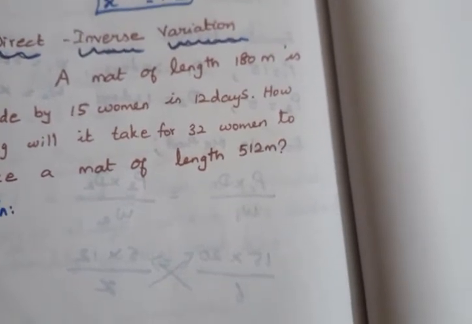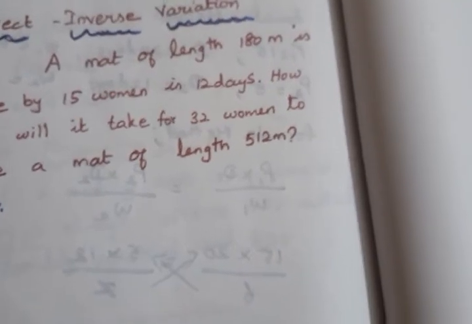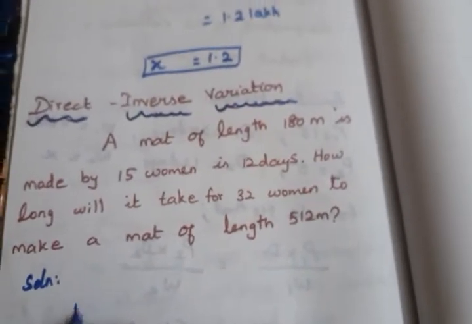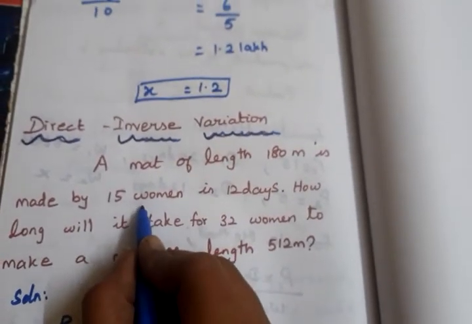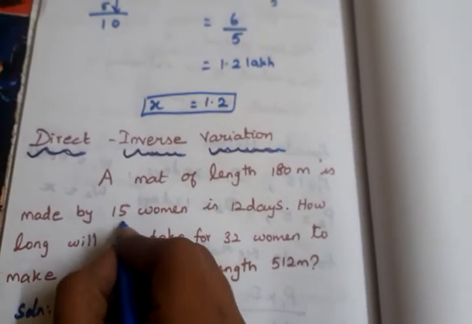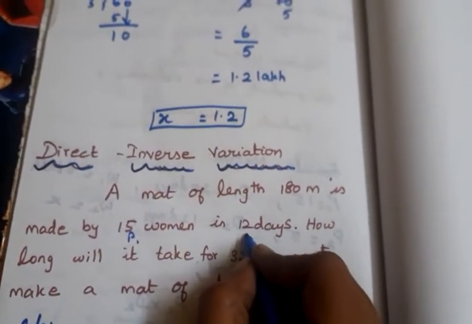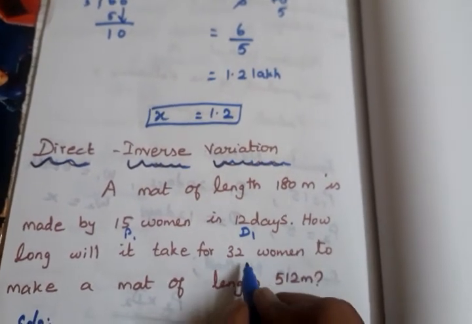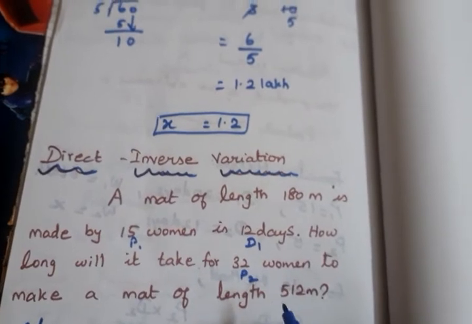How long will it take for 32 men to make a mat of length 512 meters? Okay, so first P1, how many persons? A woman is a person. So this is P1. How many days? D1 12 days. How many workers are there? P2 32.